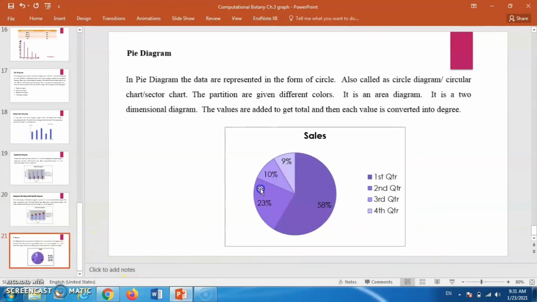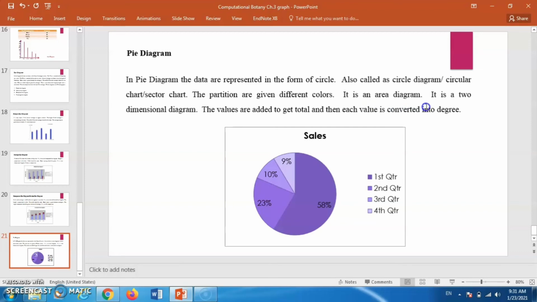Then the pie diagram. In the pie diagram, the data are represented in the form of a circle. It is also called a circle diagram, circular chart, sector chart, or angular diagram, but pie chart is the most common name. The partitions are given different colors.